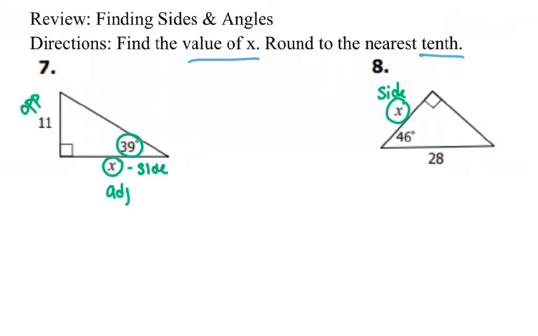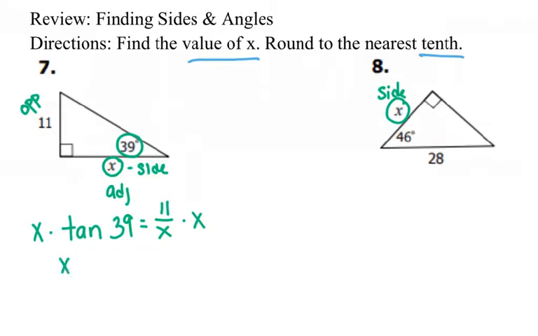Alright, and then I know that the only trig function that deals with opposite and adjacent is tangent. So I'd write tangent of 39 degrees equals opposite over adjacent. Okay, so now I'm going to get rid of dividing by x. So I'm going to multiply both sides by x.